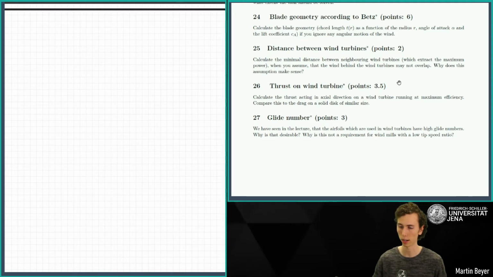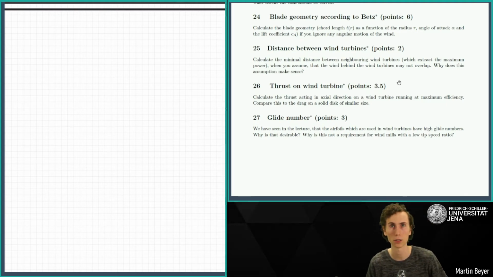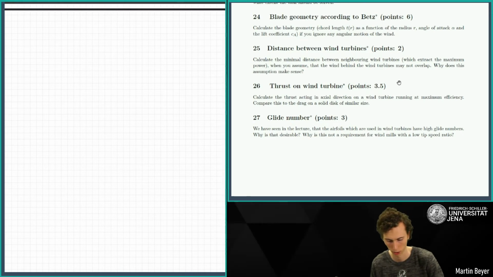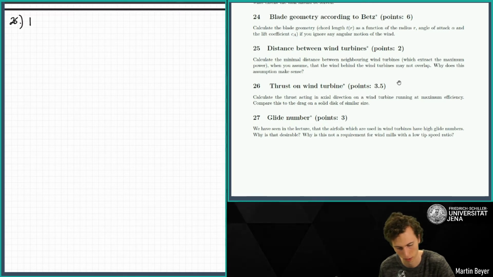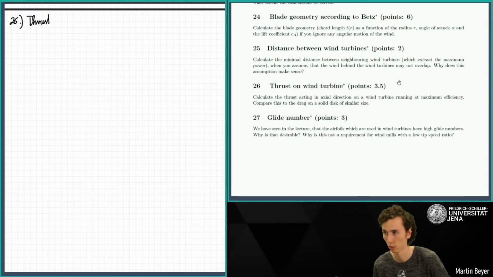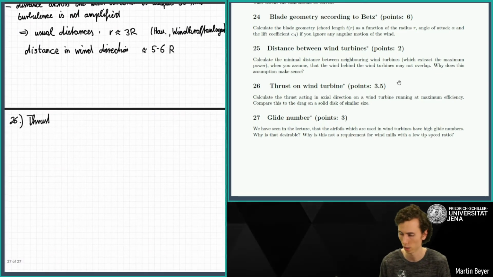And we want to compare this to the drag of a solid disk. So this sounds rather difficult, but actually this can be solved pretty fast. So let's do this. Exercise number 26, thrust. Okay, so let's start with this. Maybe let's scroll a little bit down here.